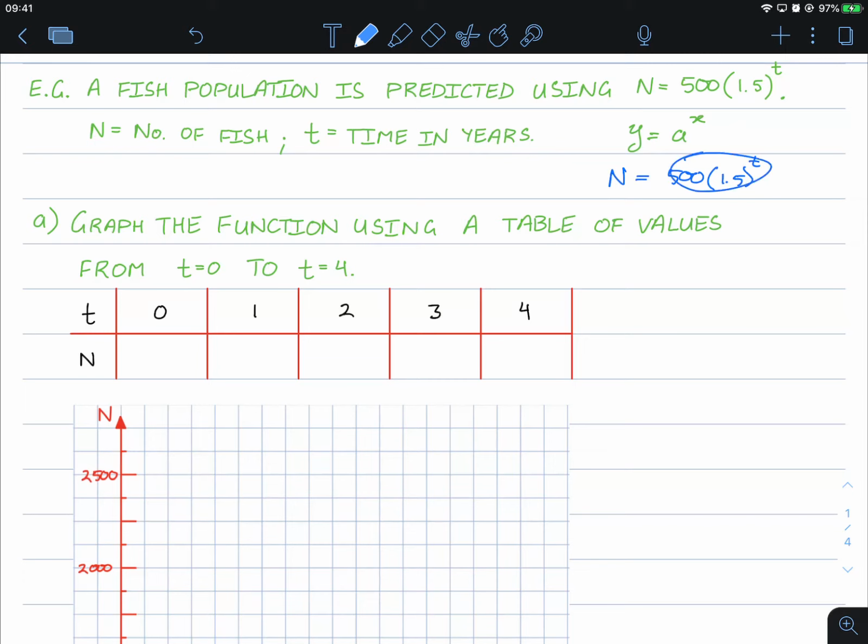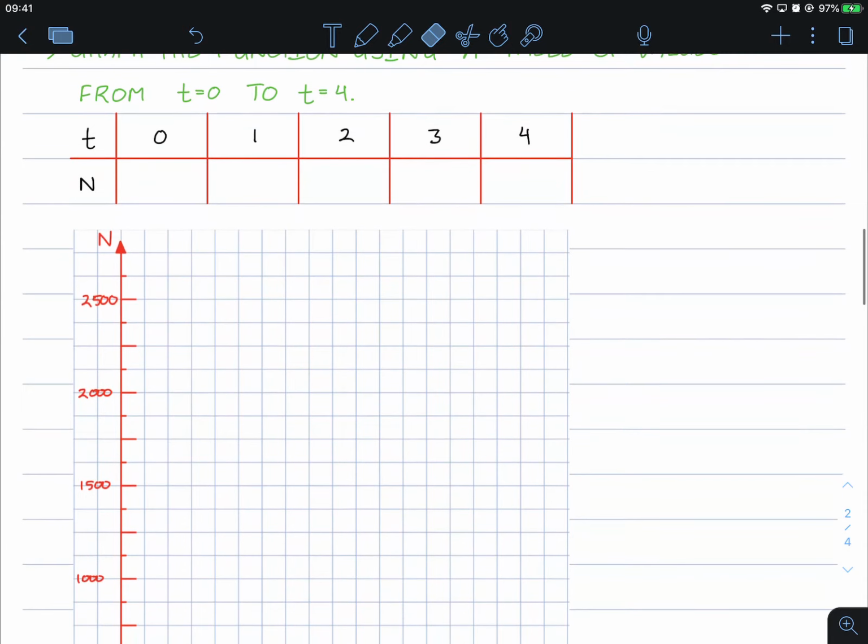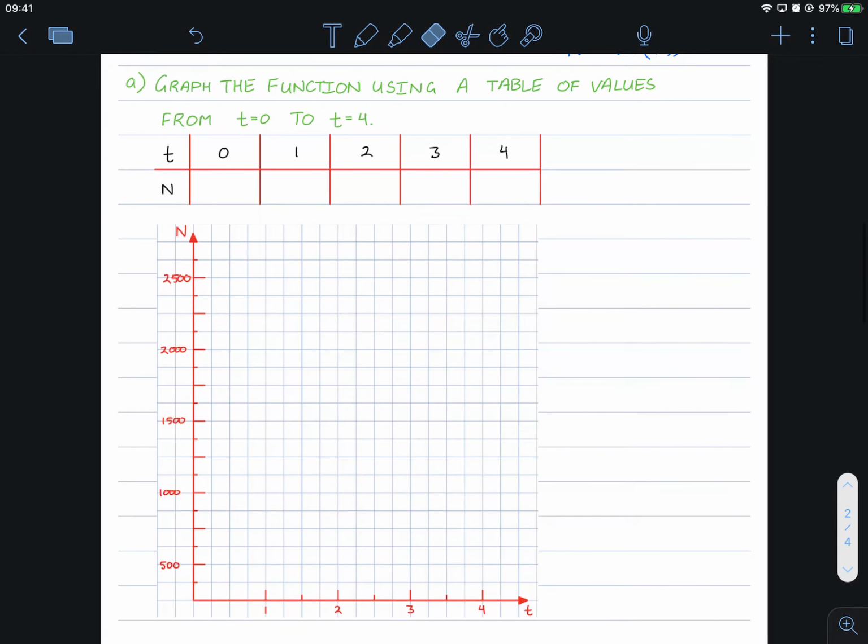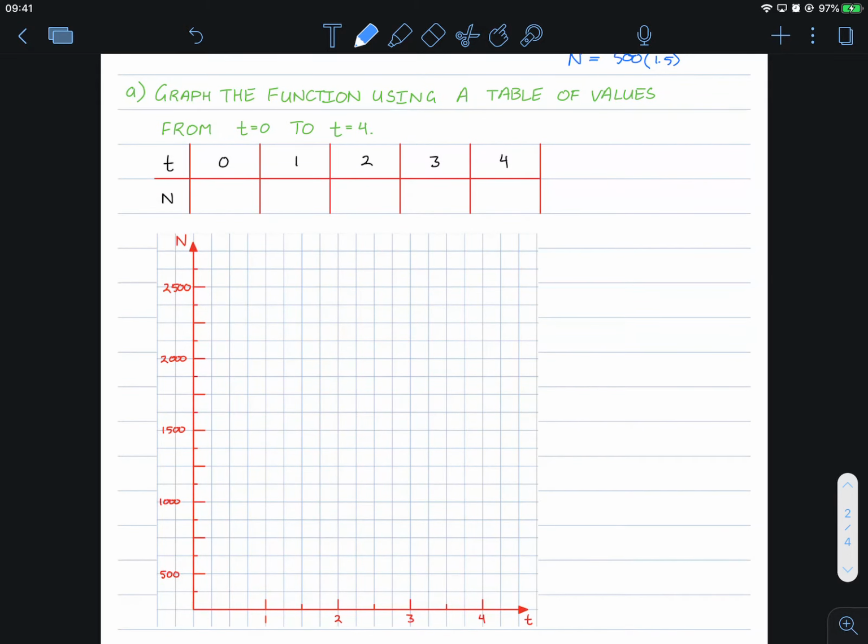Notice how this represents very closely what we had previously seen. So, I want you to go ahead, pause the video, and fill out these values here, and then graph them yourselves.